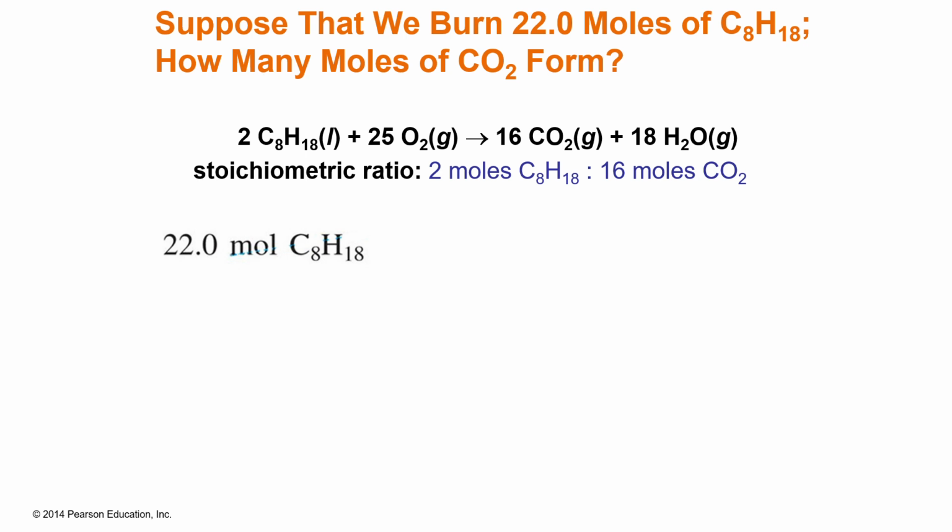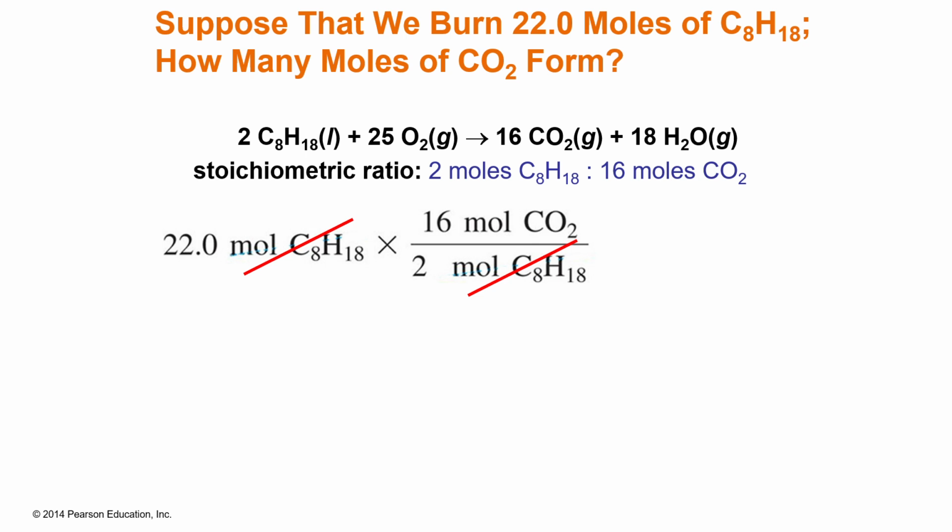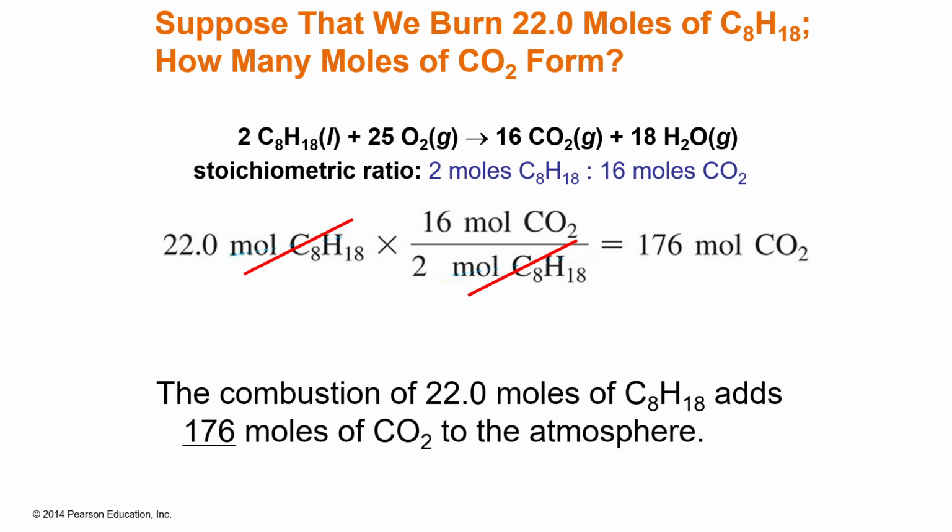So our conversion factor takes that ratio up there and puts the moles of octane in the bottom and the moles of CO2 in the top, so that when we multiply, the moles of octane will cancel out. Punch the numbers in the calculator and you get 176. In other words, the combustion of 22.0 moles of octane adds 176 moles of carbon dioxide to the atmosphere.